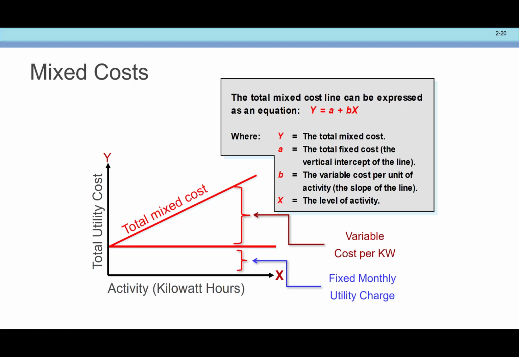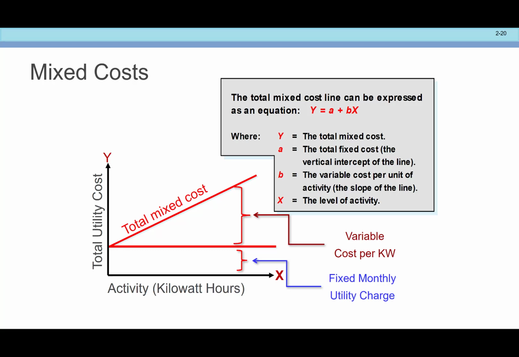Okay, now you say, well, why did they use a, b, whatever? This is the way it is commonly written if you're using regression analysis. And so they figured, since regression analysis is sort of the state-of-the-art way of doing this kind of work, now we'll use the regression cost symbols.